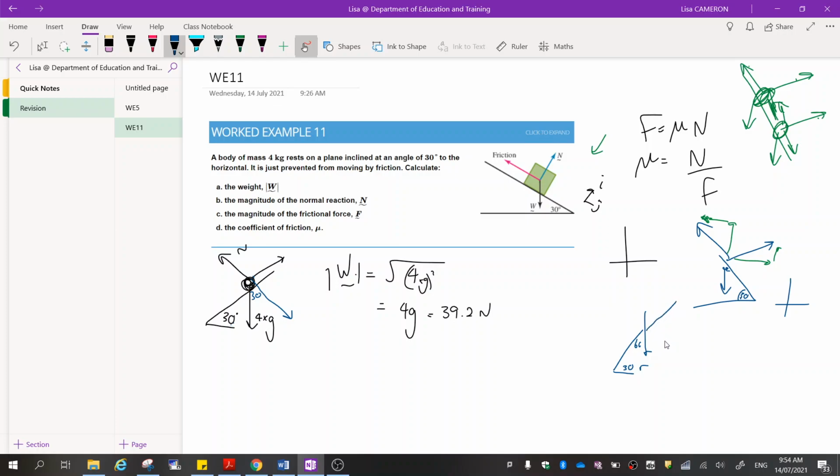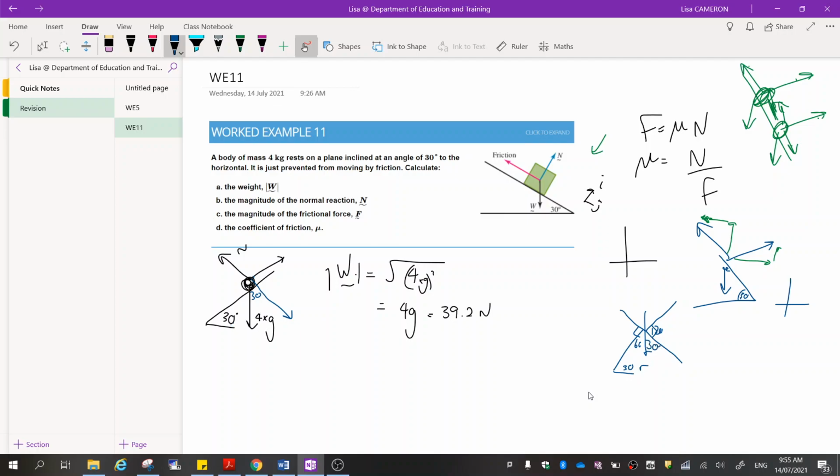Now, if that line that's going up like that is in the same thing, then this has to add to 180, meaning this angle in here is 120. If the normal force is acting at 90 degrees, then this is 90 degrees because it's vertically opposite, which means that is 30 degrees in there too.